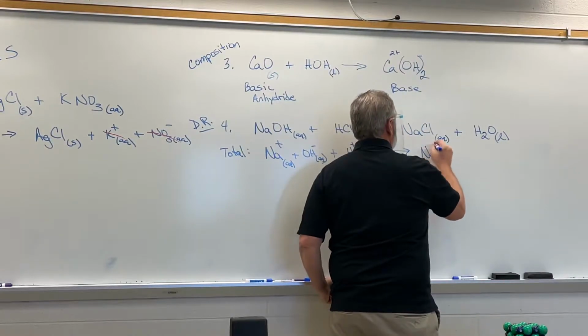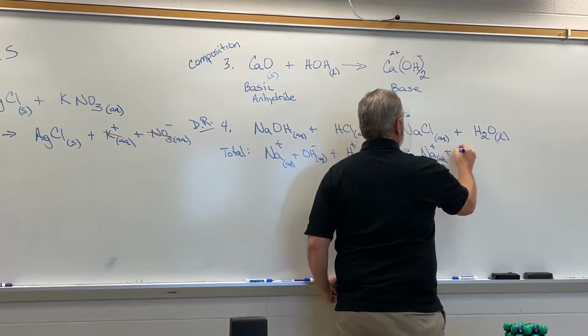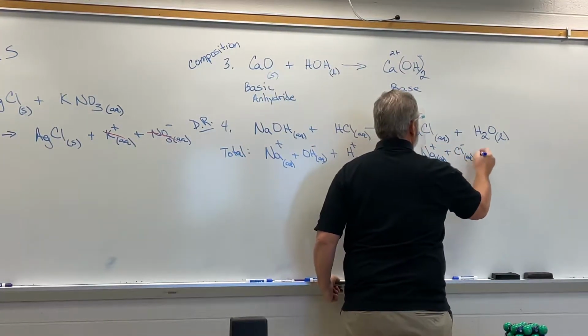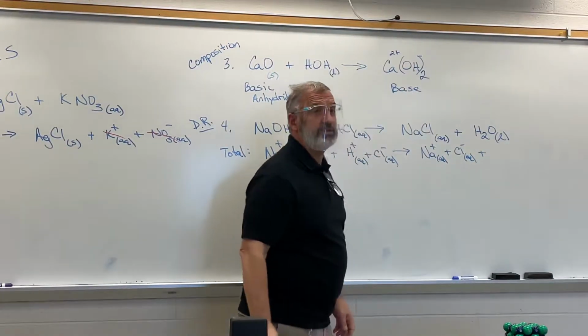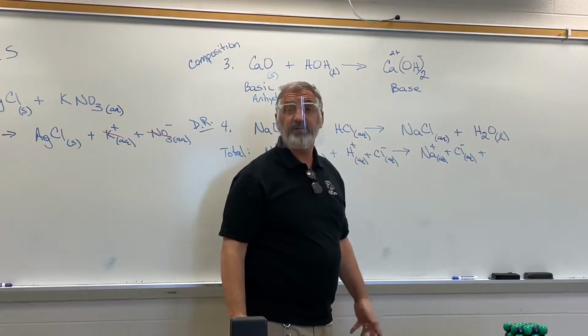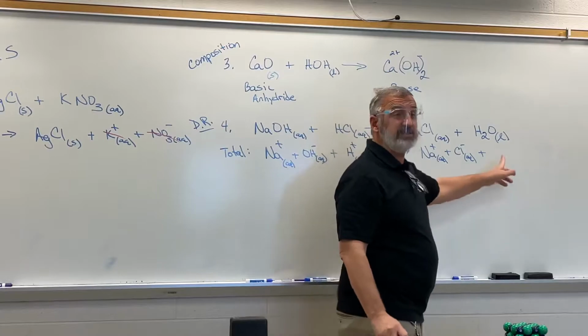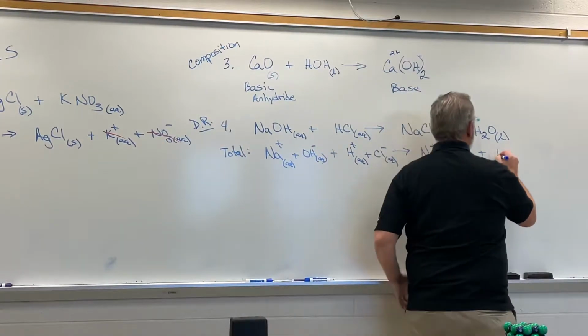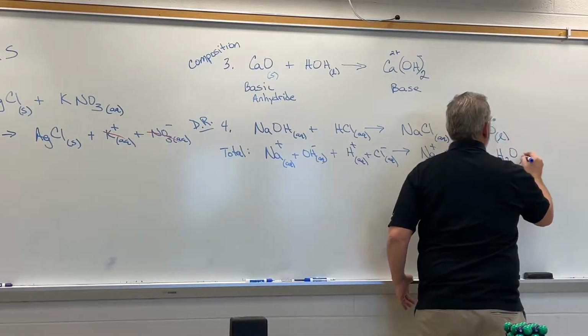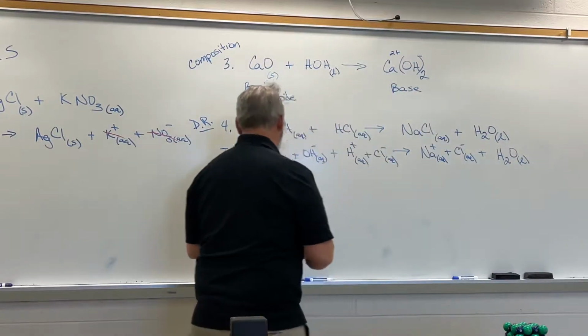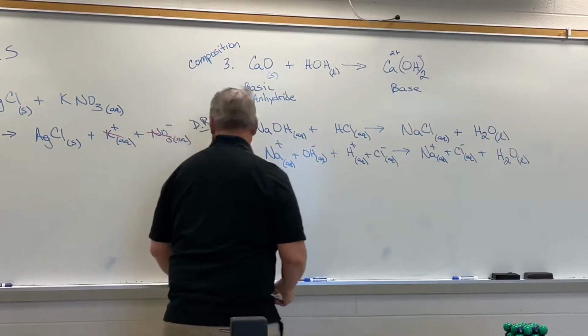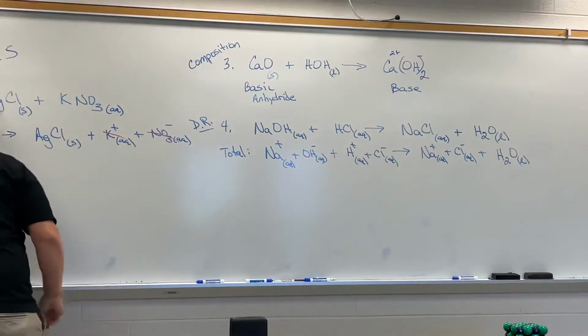Na plus, Cl minus. Does water break apart? No. What I just said. What's the only one that breaks apart? Aqueous. Solid, liquid, and gas always together. Water is very stable. It doesn't break apart. So what are my spectators? Na and Cl.